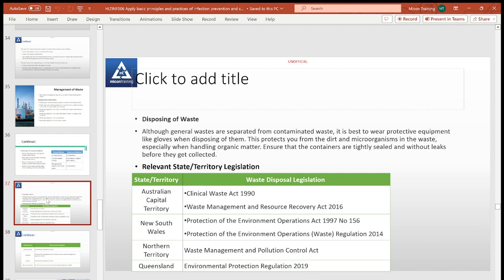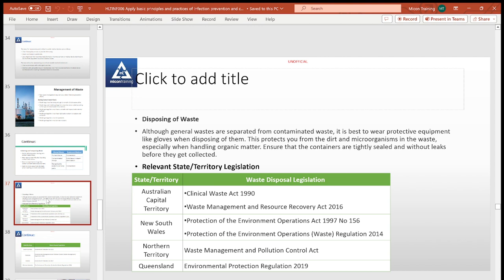We have different laws in different states and territories in Australia. For example, in the Australian Capital Territory, the waste disposal legislation is the Clinical Waste Act 1990 and the Waste Management and Resources Recovery Act 2016.